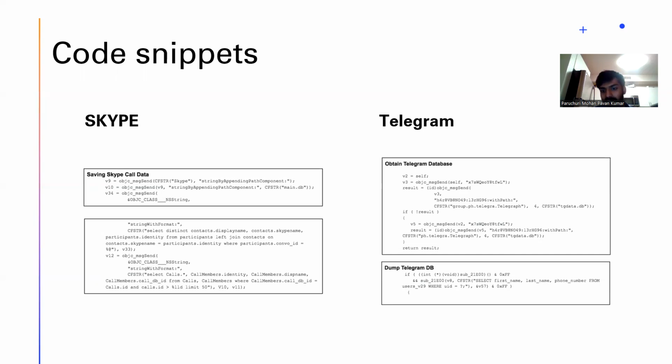And when it comes to Telegram, in the second box, dump Telegram DB, you can see some database code, like select first name, last name, phone number from the user.